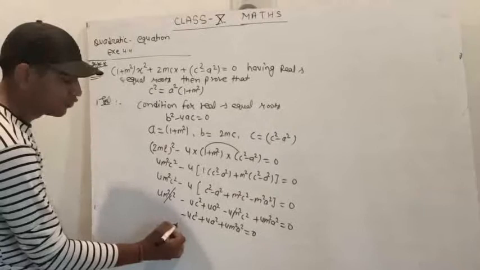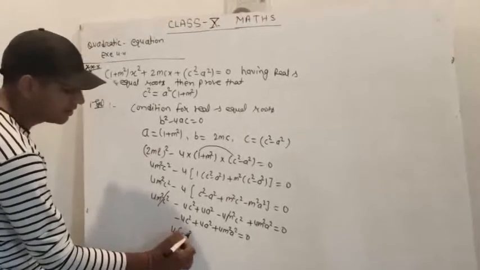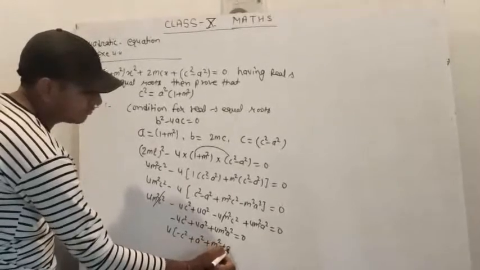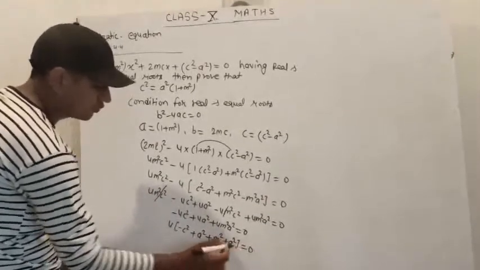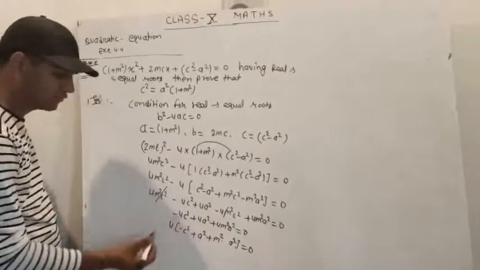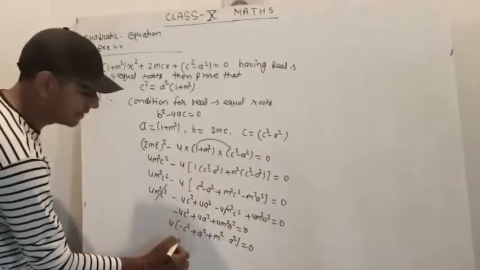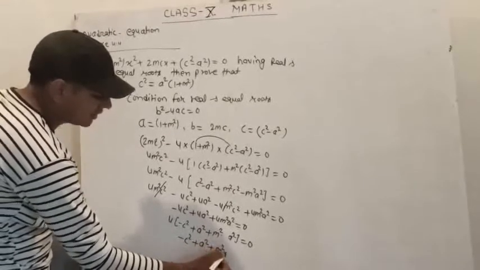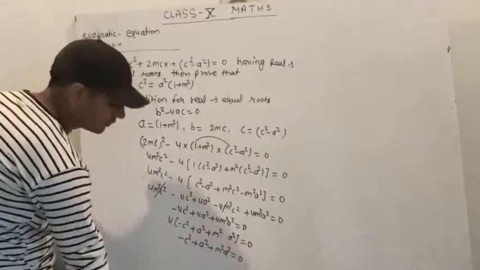We will take out 4 common. 4 common लिया क्या रहा? minus c square plus a square plus m square a square equals to 0. 4 divided चला गया 0 में. remaining क्या रहा? minus c square plus a square plus m square a square equals to 0.